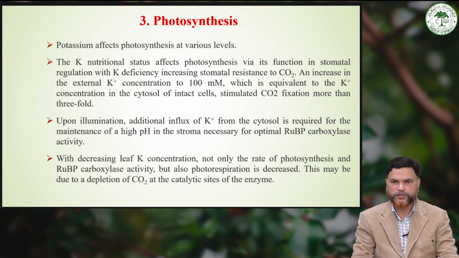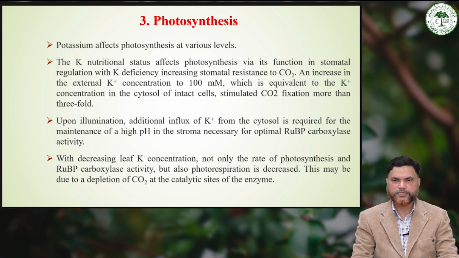Now, role of potassium in photosynthesis is very significant. So, photosynthesis is generally strongly reduced in potassium deficient leaves and affects the process of photosynthesis at various levels. The potassium levels in plants affect photosynthesis by controlling the opening and closing of stomata, and deficiency of potassium increases the resistance of stomata to carbon dioxide.